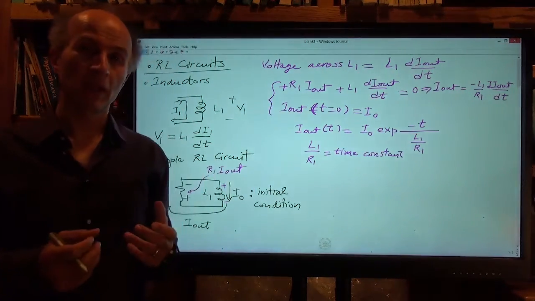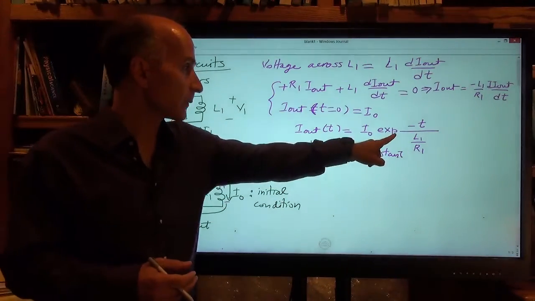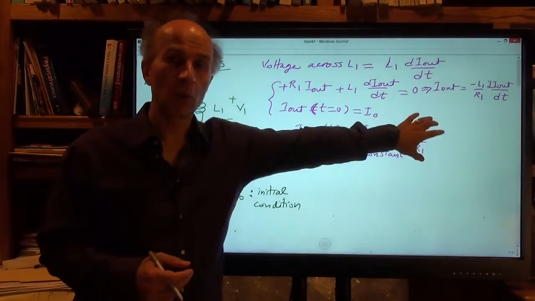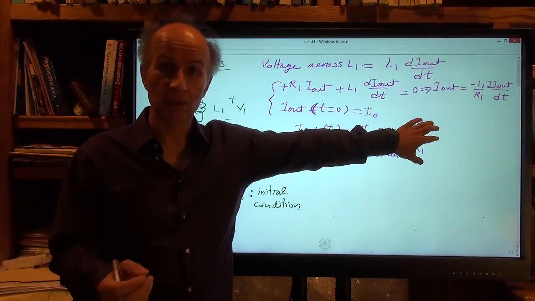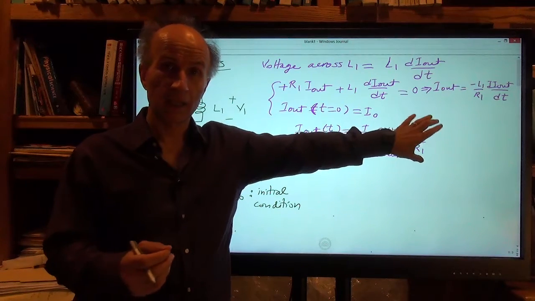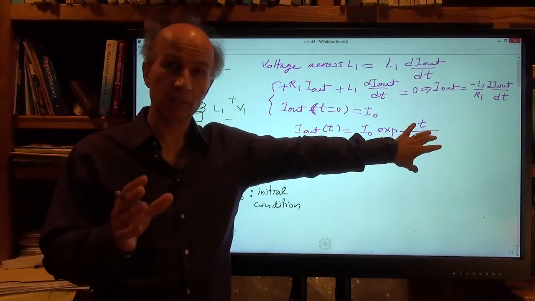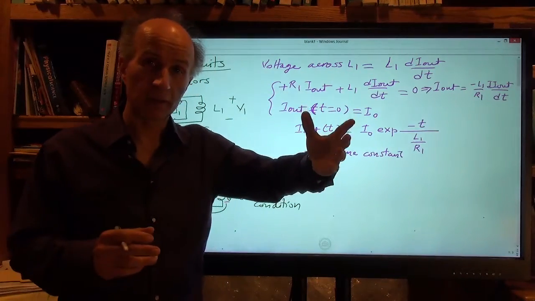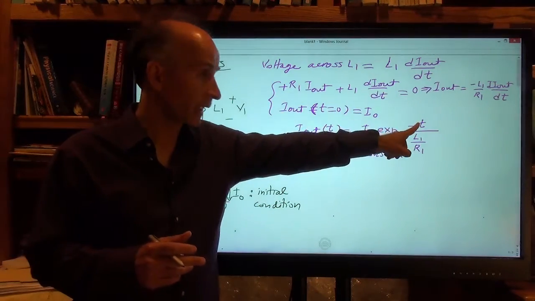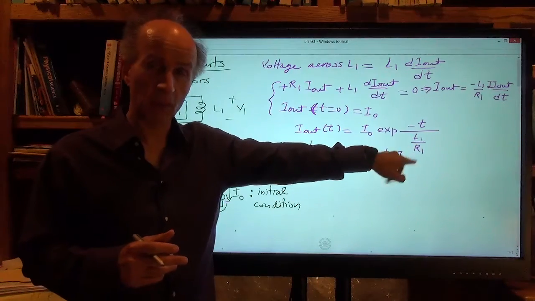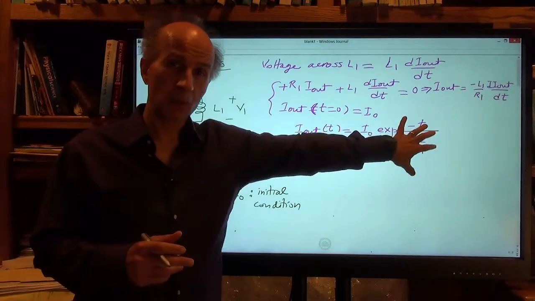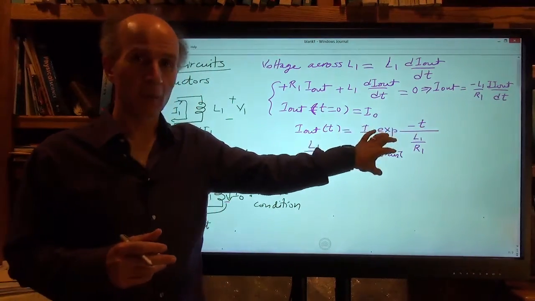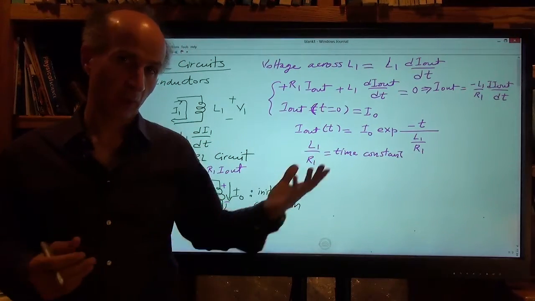Well, it has to be, because you cannot take the exponential of a quantity that has a dimension. The exponential of a quantity is only meaningful if this quantity has no dimension, no unit. So whatever unit we have here, you have to have on the bottom as well, so that they cancel each other. This quantity becomes dimensionless, then we can take the exponential. And that's why we ended up like that.